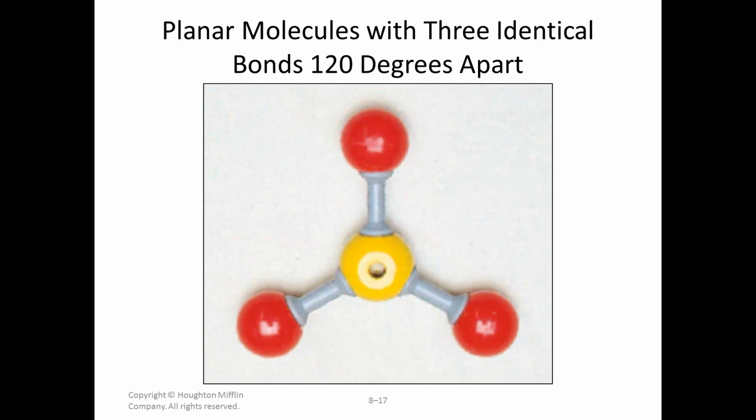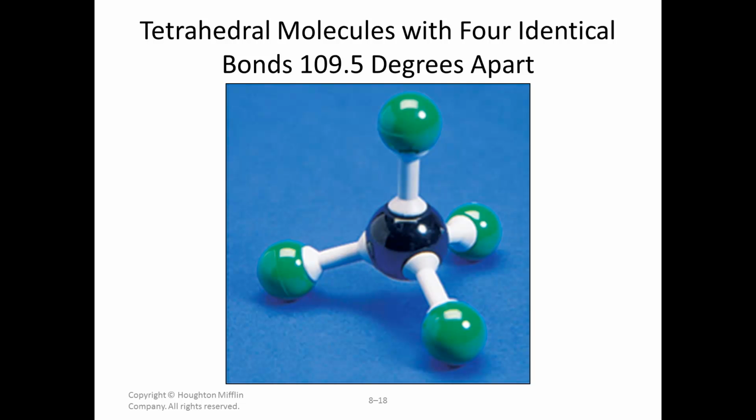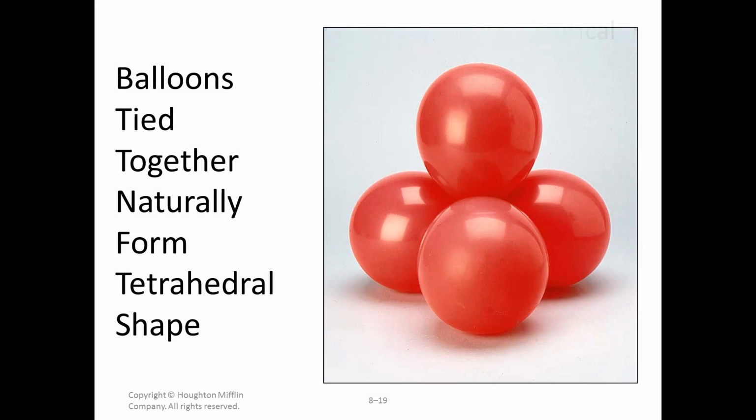We can easily show a trigonal planar molecule with 120 degree bond angles and 3 groups of electrons. We can also show tetrahedral molecules with 4 identical bonds and 109.5 degree bond angles with our molecular model kits. Coincidentally, when we tie 4 balloons together, they naturally form a tetrahedral shape.